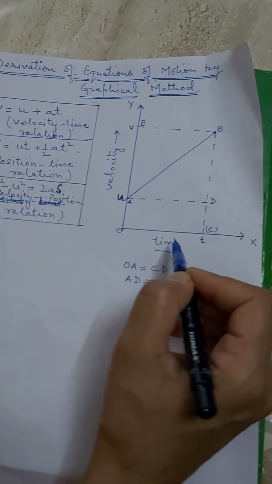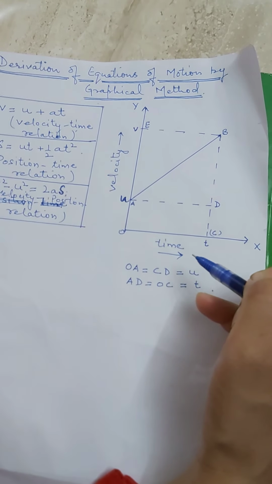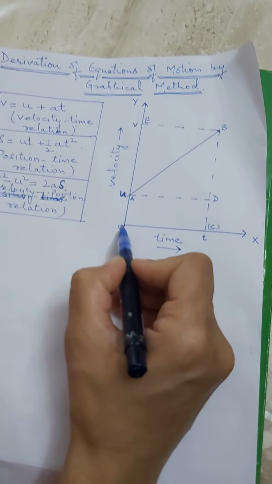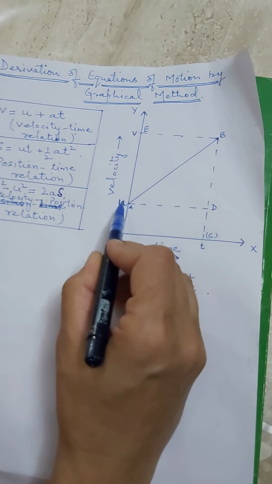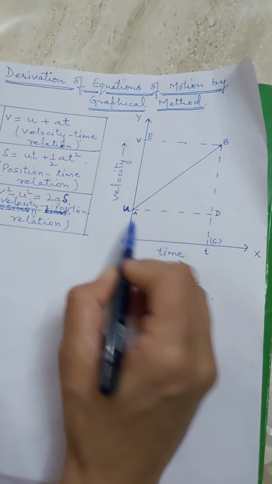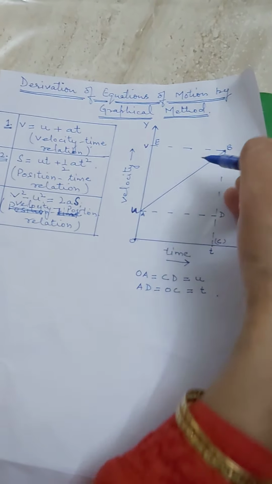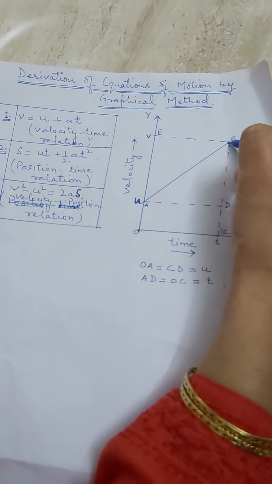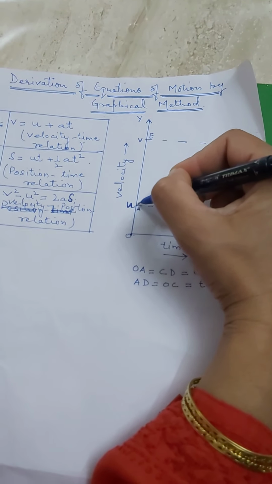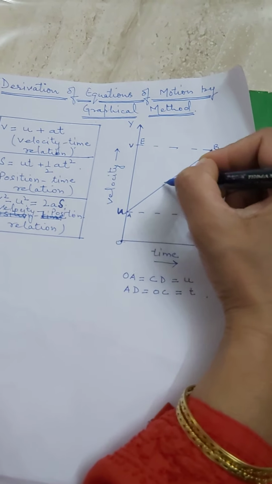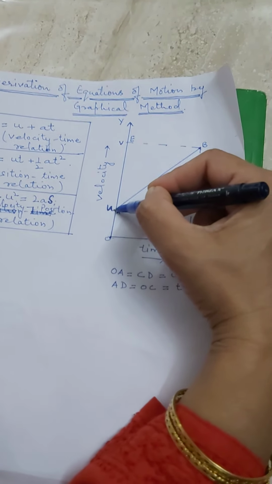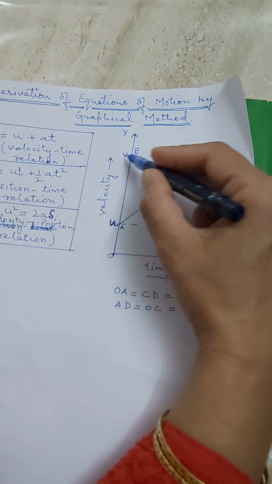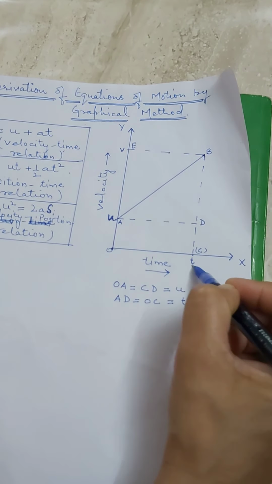Students, you have learned velocity time graph for uniformly accelerated motion. Here suppose at time 0 the object is having velocity u, initial velocity u. After time t, it has acquired velocity v. You can see the velocity is increasing uniformly with time, u is the initial velocity and v is the final velocity after time t.